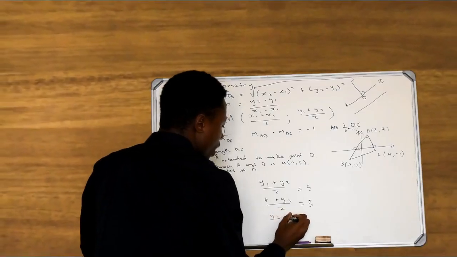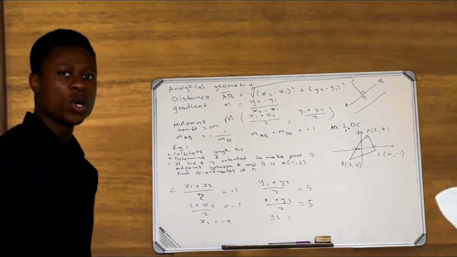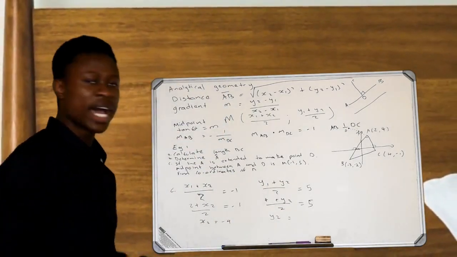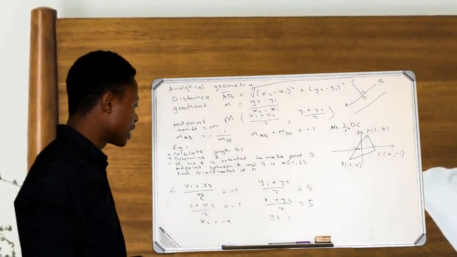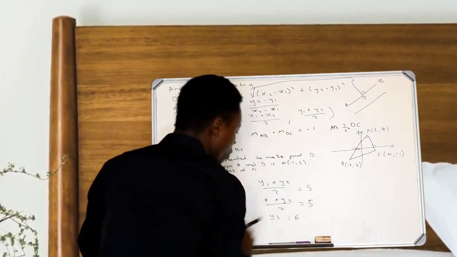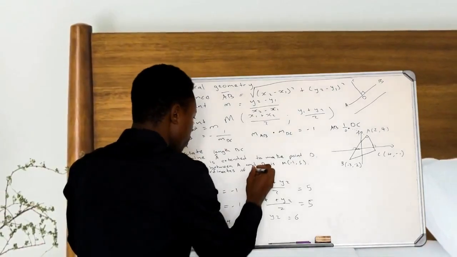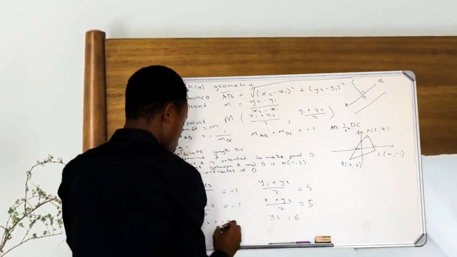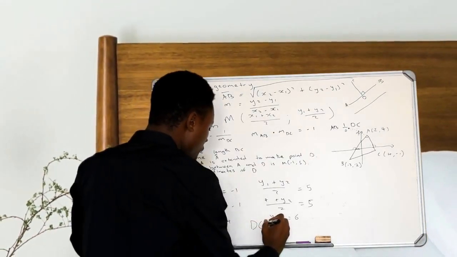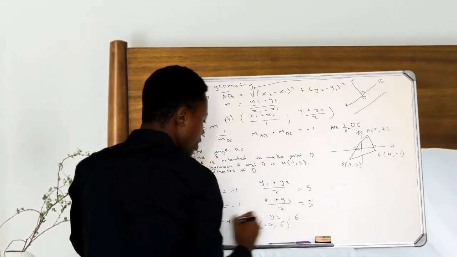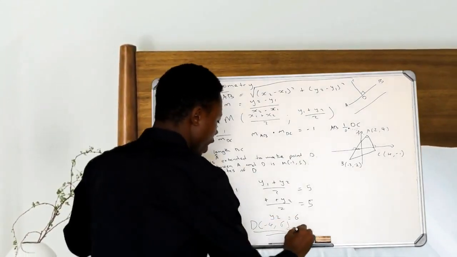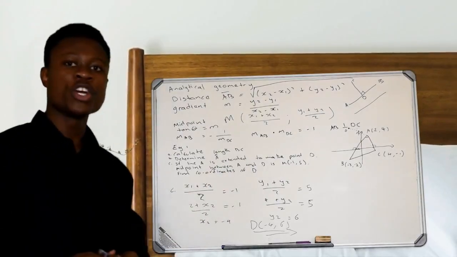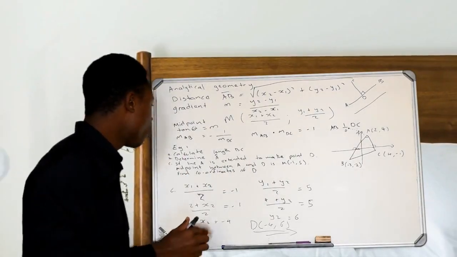What is y2 equal to? If I multiply by 2 on both sides, it becomes 10 minus 4, which is 6. So y2 is equal to 6. So the coordinates of D are negative 4 and 6. And this is your final answer. You have answered the question and you get your full marks.